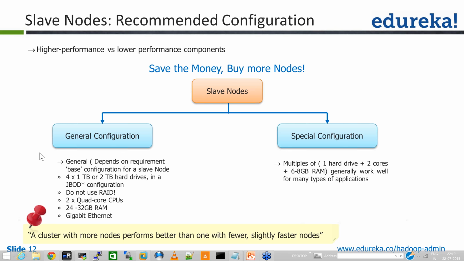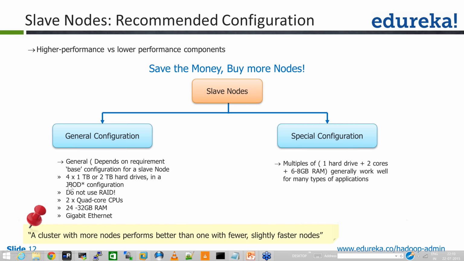Along with it, there are some special configurations as well, where it is said, and actually proven, that the more nodes there are, the more distributed the data is, and certainly faster. So a cluster with more nodes will perform better than one with fewer, slightly faster nodes.